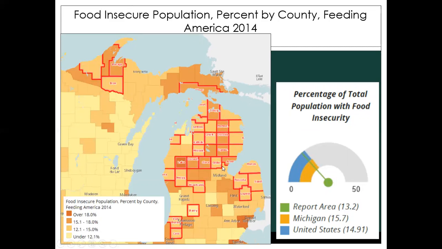Food insecurity, fortunately, does not seem to be an above average issue. There are some counties, though, again, that are quite dark. Lake County is one county that has had quite a bit of struggles, and very low income is one of the poorest. In fact, the last report I read is the poorest county in the state.